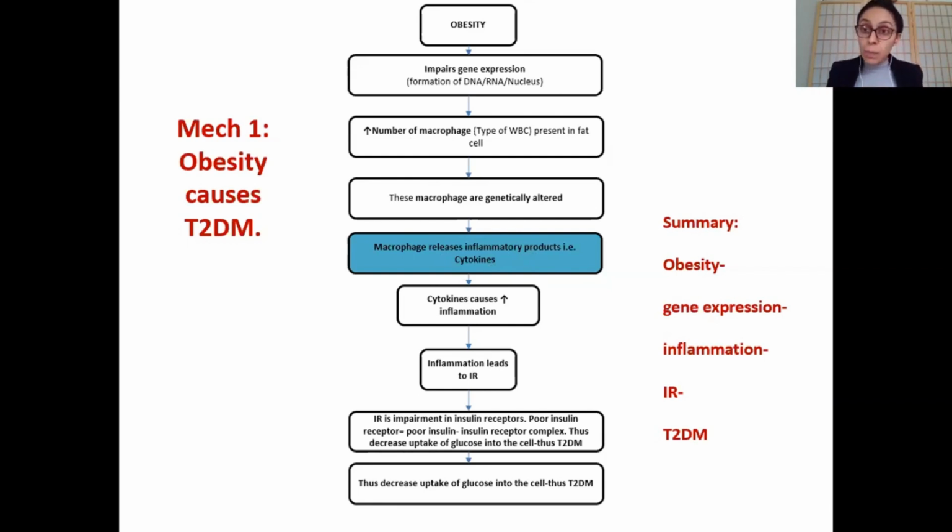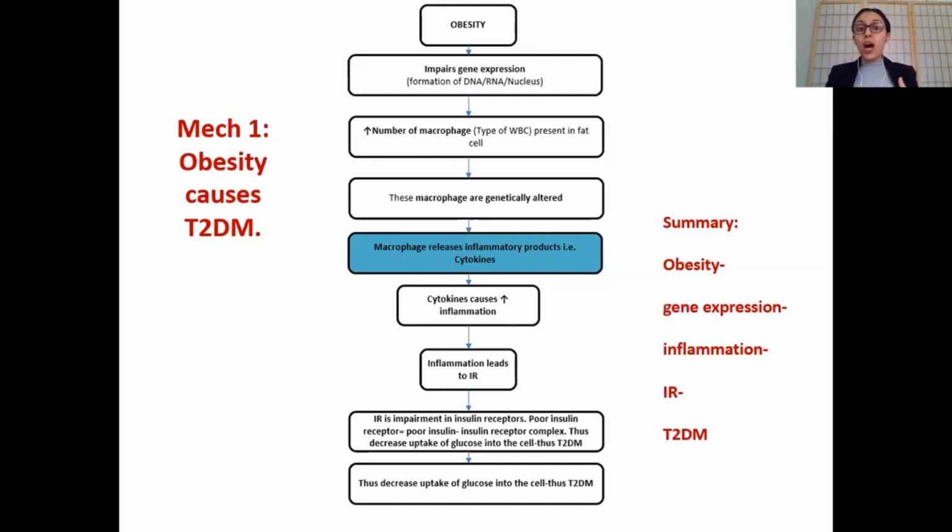When you have a greater number of macrophages in the body, your lymphocyte system gets activated. Okay, your lymphocyte system says, why are there so many macrophages in the body, in the fat cells? There surely must be something which is going wrong. Let me directly release those T cells, and those T cells will then release inflammatory substances.